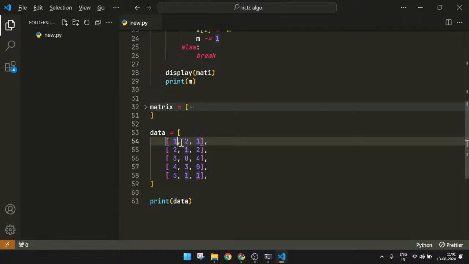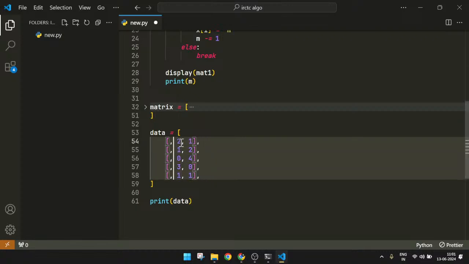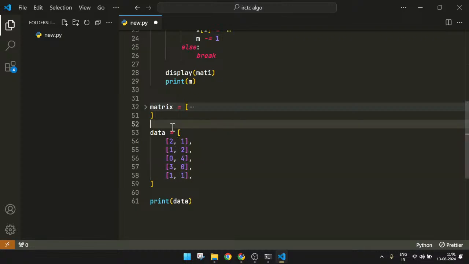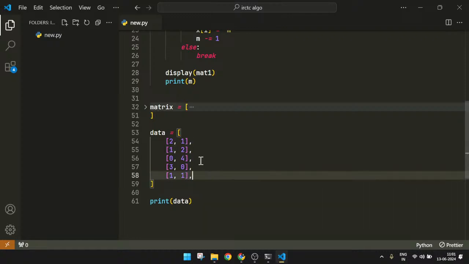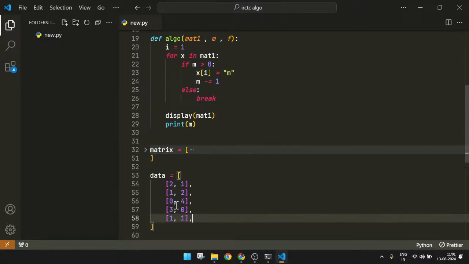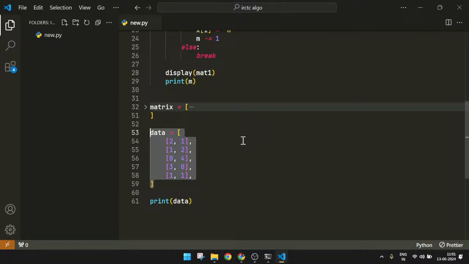It's weird how I'm simplifying this, or rather making it more complex. Okay, doesn't matter. But are you able to understand what I'm trying to say from here? That group one has two males and one female, one male, two female, zero males, four female, three males, zero female, one male, one female. So now I'm using this data of ticket booking.